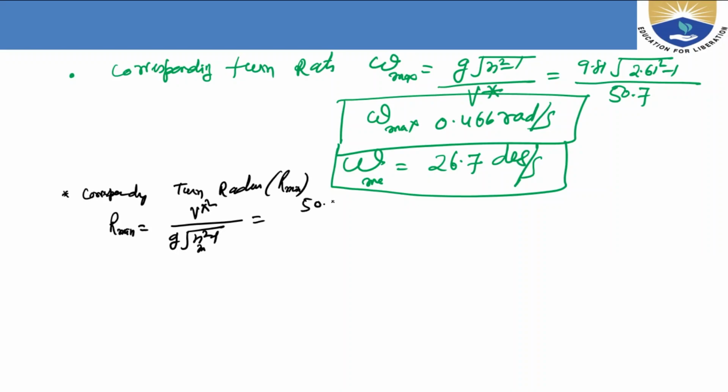So 50.7 square divided by 9.81 into root of 2.61 square minus 1, R minimum you will get 108.7 meters. This is the minimum radius required. So for part 1 we have solved all the problems.